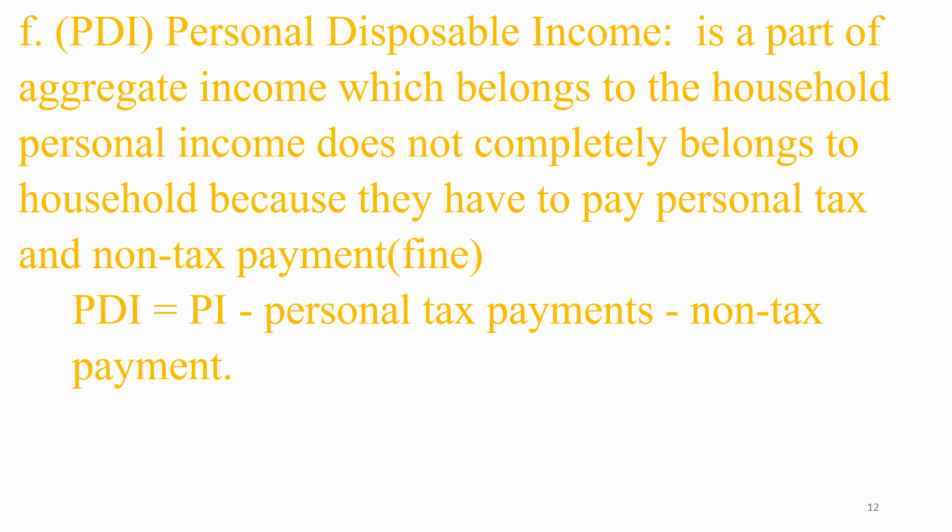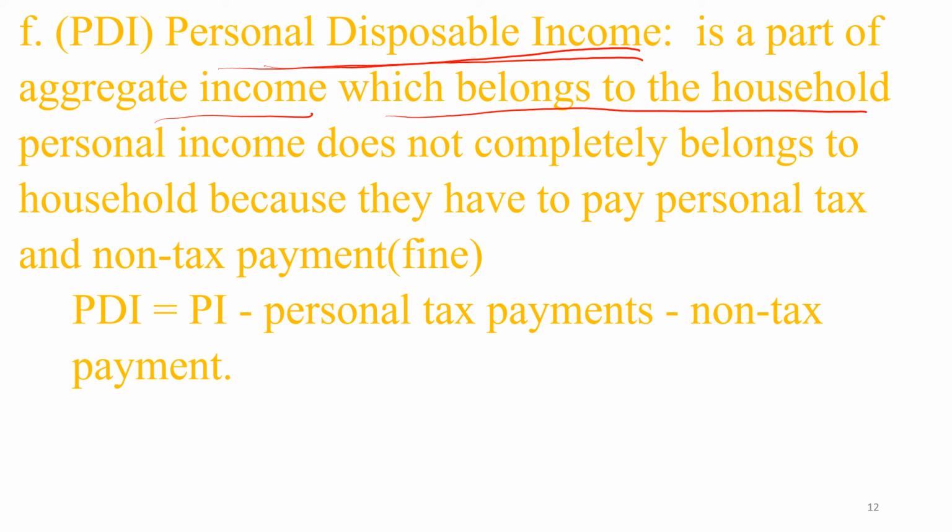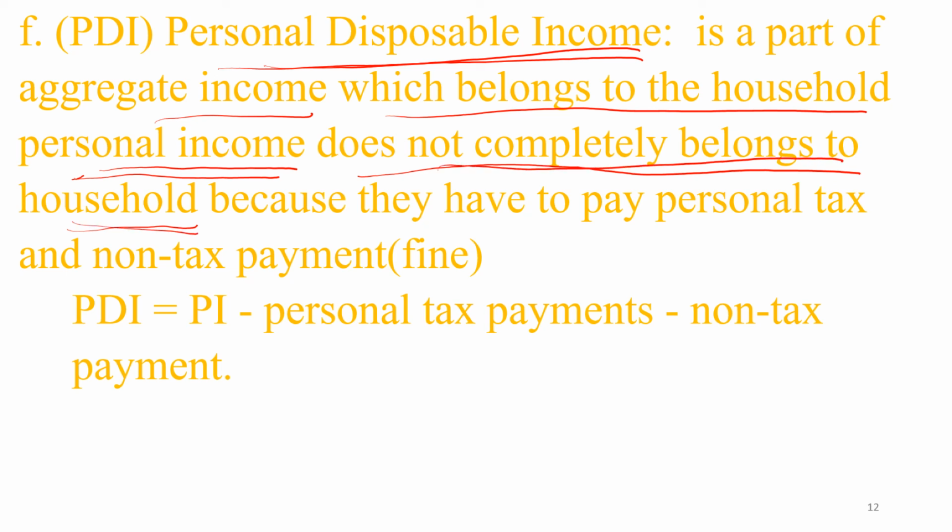The next one is personal disposable income. This personal disposable income is that part of aggregate income which belongs to households. Okay, personal income does not completely belong to households. Why does personal income not completely belong to households? Because they have to pay personal tax, and sometimes if you make any mistake, they are going to impose a penalty or fine, and that we call non-tax payment.